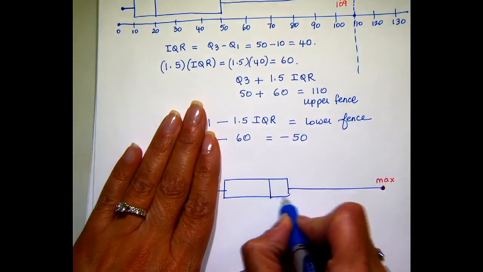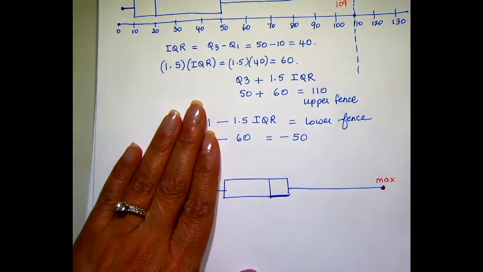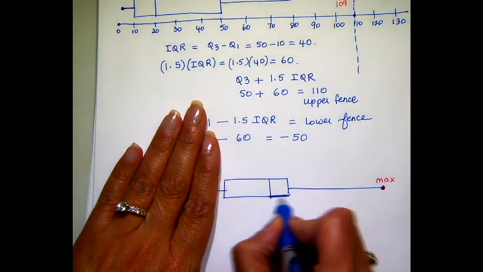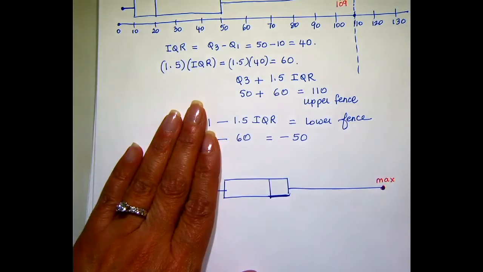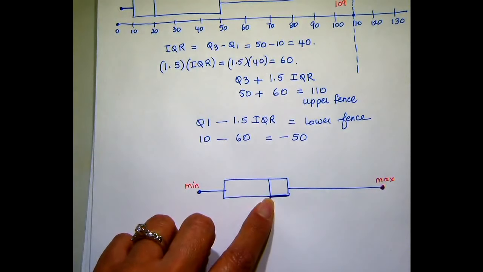Now, this distance holds what percent of the data? This distance right here. How much data lies within that range? What percentile is this guy? Work with me, people. Q2.